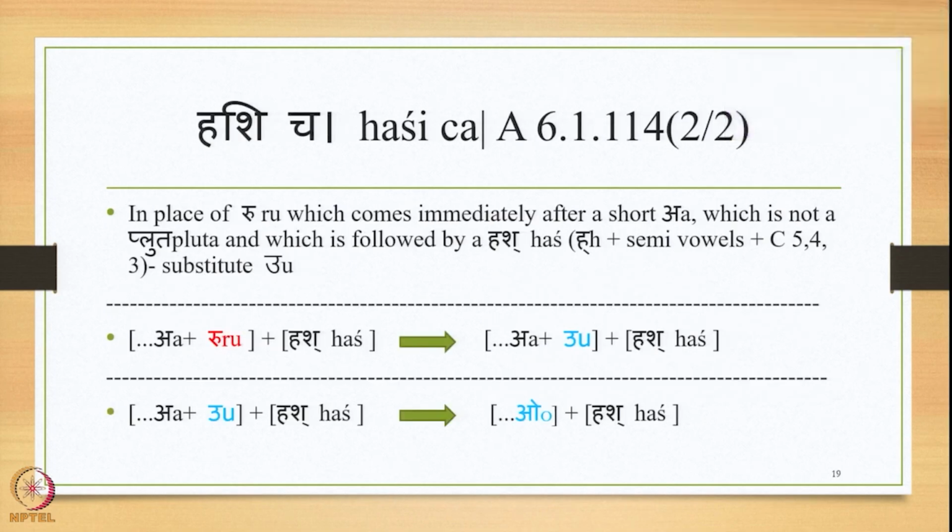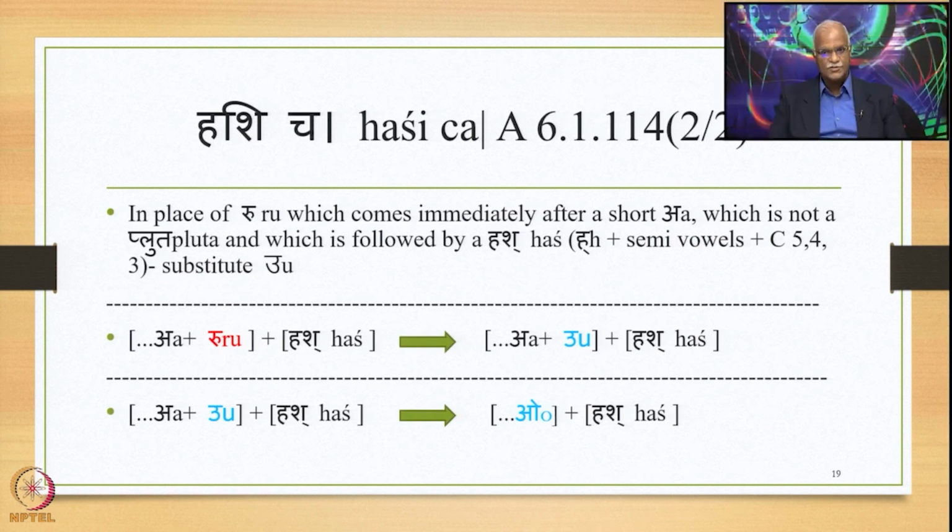So the meaning of the sutra is the following. In place of Ru, which comes immediately after a short a, which is not a pluta and which is followed by a hash, substitute u. I repeat, in place of ru, which comes immediately after a short a and which is not a pluta and which is followed by a hash, substitute u. So this is the equation form of this particular statement.